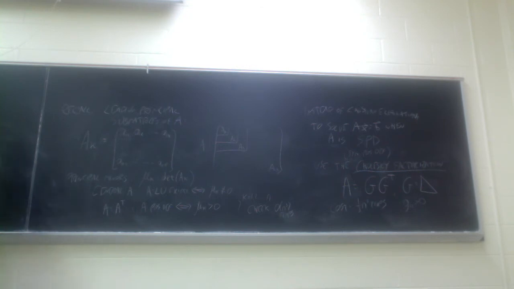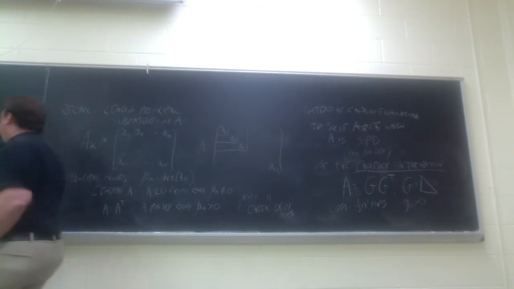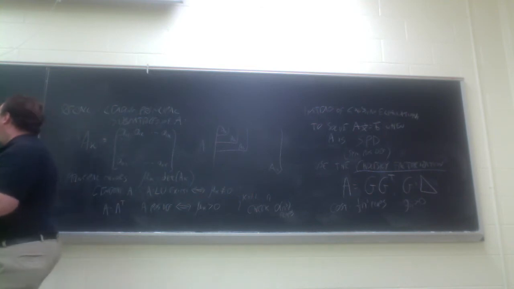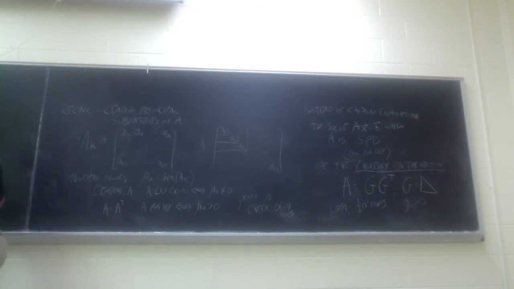This is going to be g_ij, and then the kth element of the jth column again, so it's going to be g_kj.